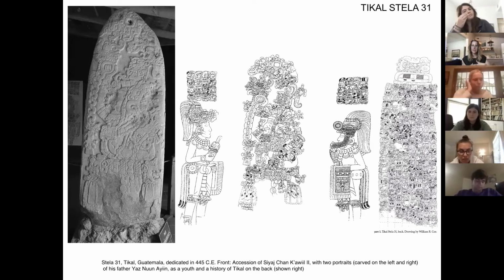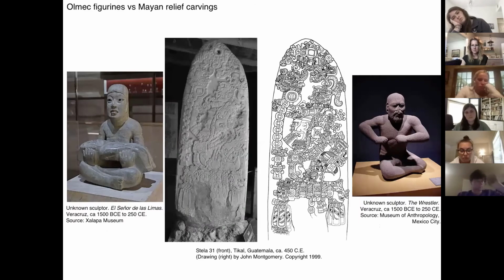Bird Jaguar is taking over for Bird Jaguar the Senior, who is known for his great exploits in X, Y, and Z. And from that heroic tale, historians have been able to gather some details about what happened to Tikal, who was there, how long they reigned.